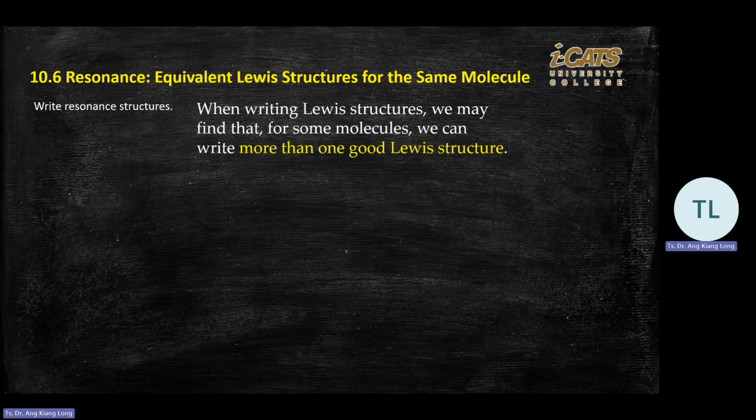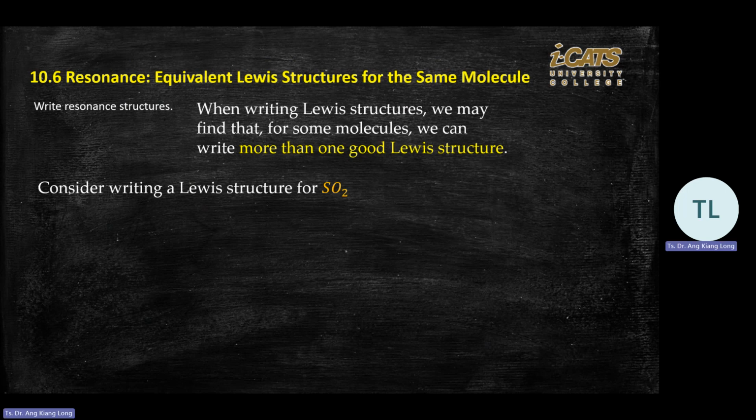Okay, next we look at resonance. The word resonance means you have more than one structures. So in the first class, we have some games with the fruits, right? So sometimes the orientation, when you rotate, it looks similar. So they are called resonance. So for example, SO2, right?